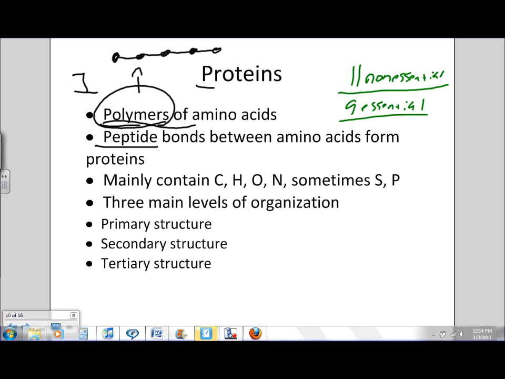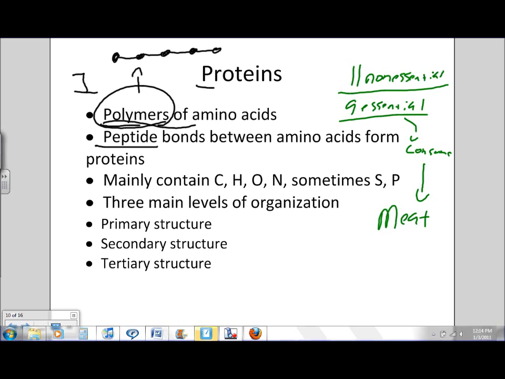The rest, the essential ones, we need to consume in our diet. If we don't consume amino acids in our diet, we're not going to be able to make proteins properly, and this is going to affect us in many different ways if we're unable to synthesize the right proteins in our system.